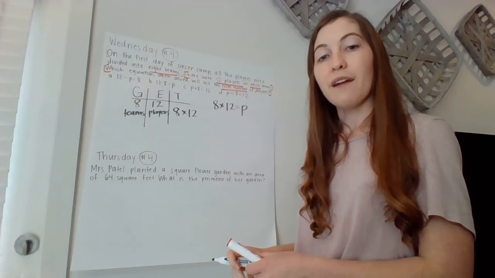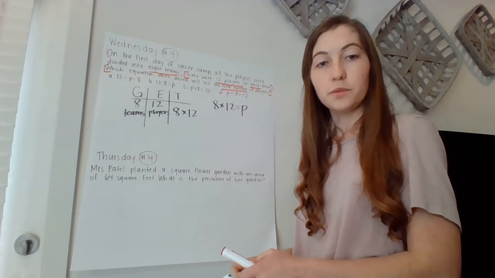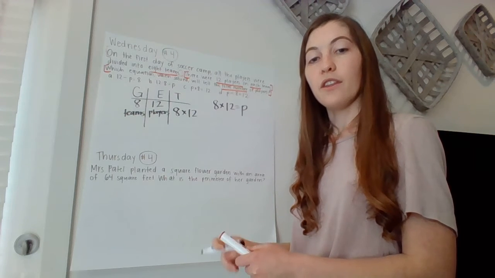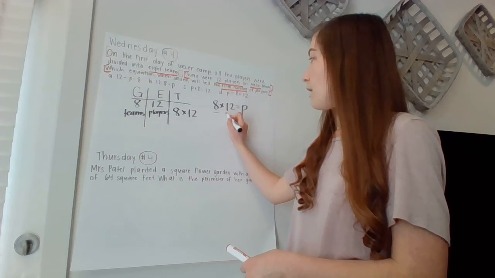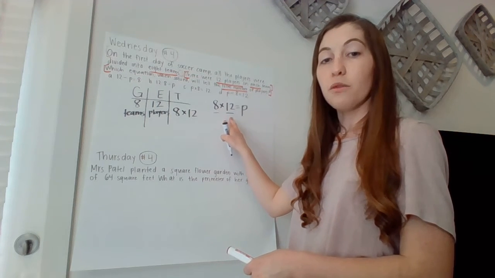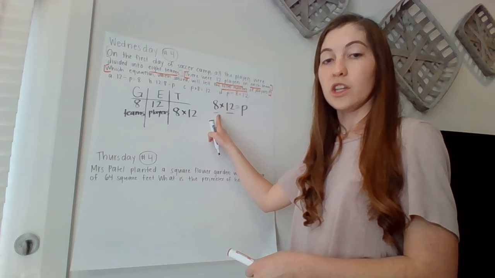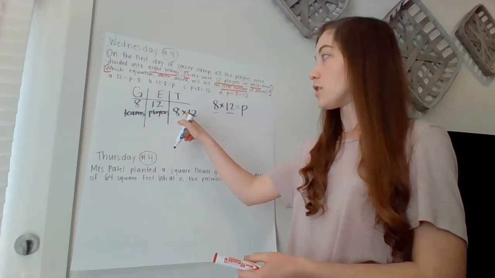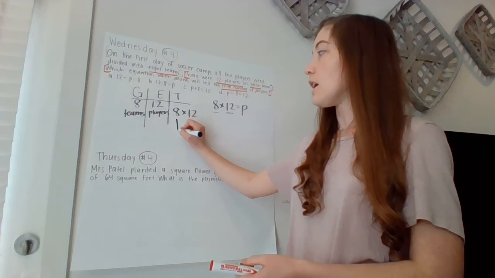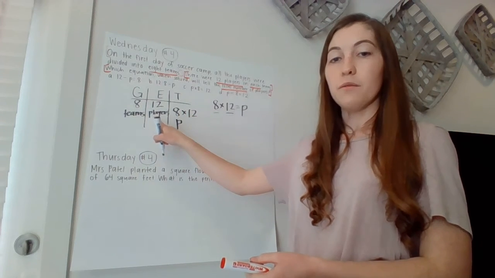So I have to use my fact families and what I know about multiplication and division to find the other equation. So I know that if 8 times 12 equals P, I could switch these two numbers for multiplication and it would still give me the same equation. But I also know that P is my total, and if I divide P by the groups, it'll give me the each.